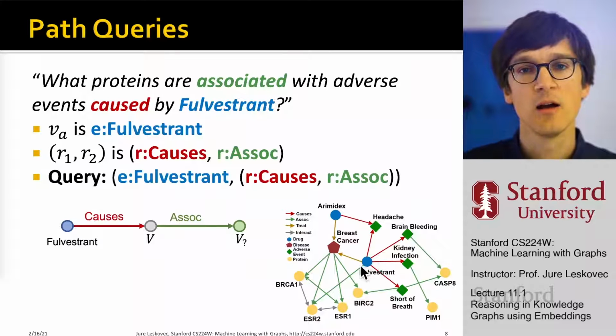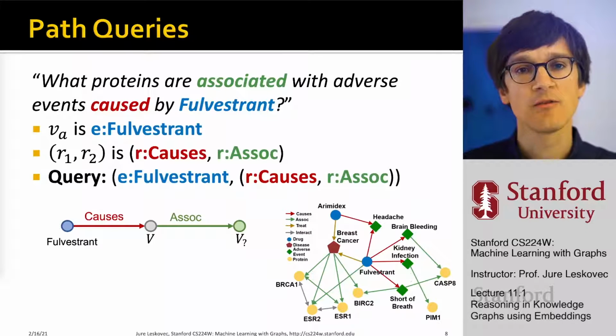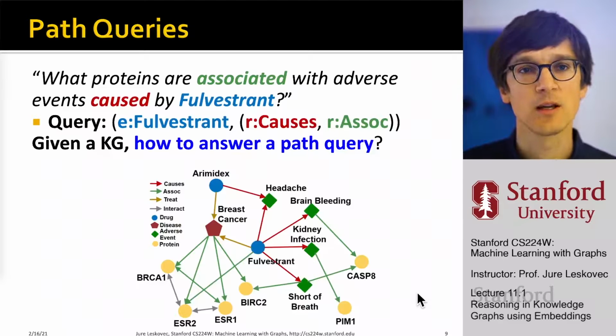So if here is my fulvestrant, I want to first go over the links saying what causes. This would be the red links, apologies, and then from here I want to traverse over the second link, associated, to arrive at a given protein. So that would be the idea for path queries.